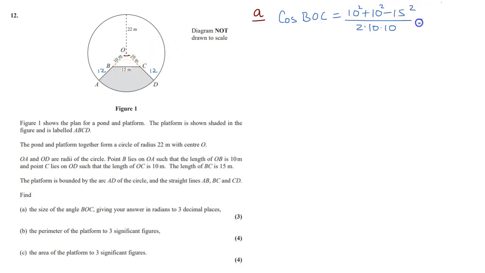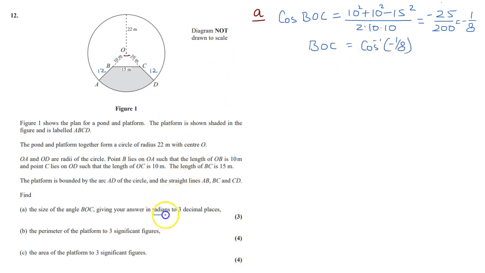So it is equal to 100 and 100, 200, minus 225. So it is only 25, but it is negative, over 200. So this is minus 1 over 8. So BOC will be arc cos, or cos inverse, of minus 1 over 8.